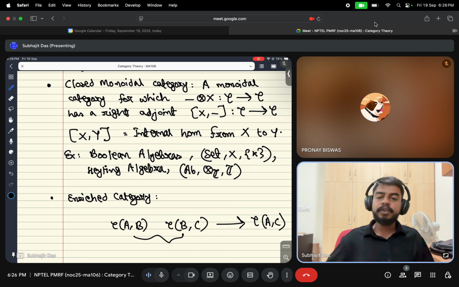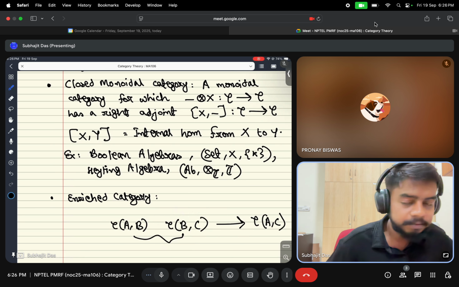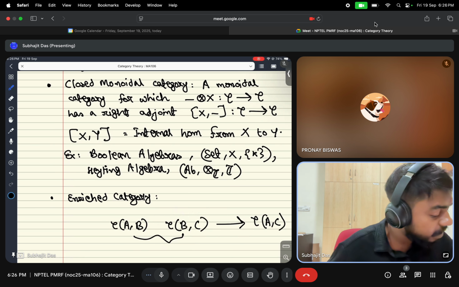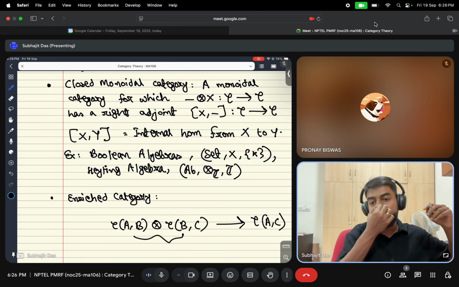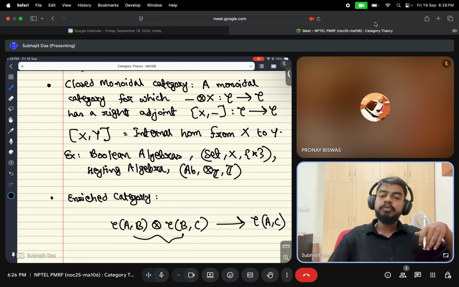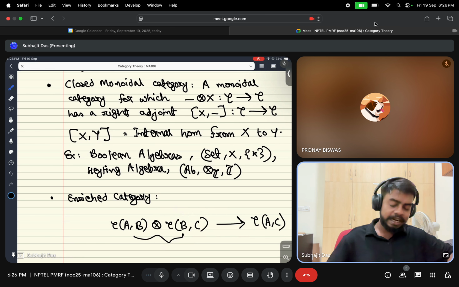And it turns out we have already seen what that is. We have seen a structure of that spirit. So what one can do is consider a monoidal category. One usually enriches in a monoidal category, or sometimes people also say enrich over a monoidal category.